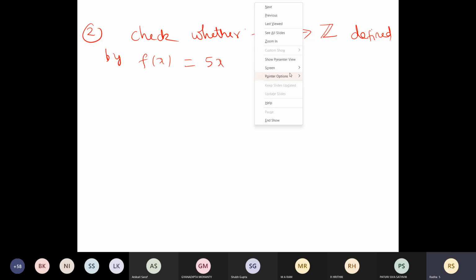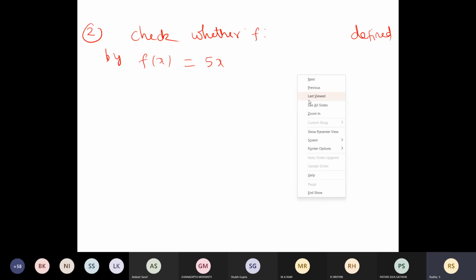It is better to specify the operation. Z is a group under what operation? Addition.